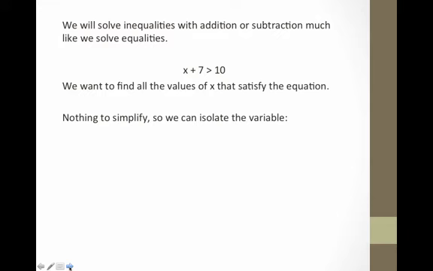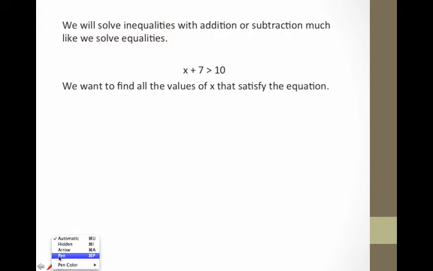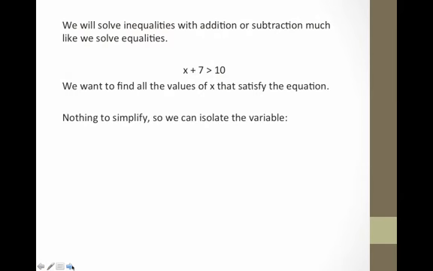There's nothing to simplify, so I can go ahead and isolate the variable. Let me grab my pen here. And because I'm subtracting 7 from both sides, nothing's going to happen to that inequality. I've not changed anything about it. So I'm going to go ahead and subtract 7 from both sides of my equation.